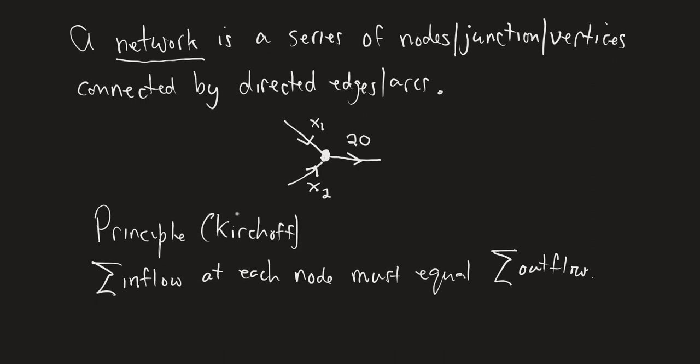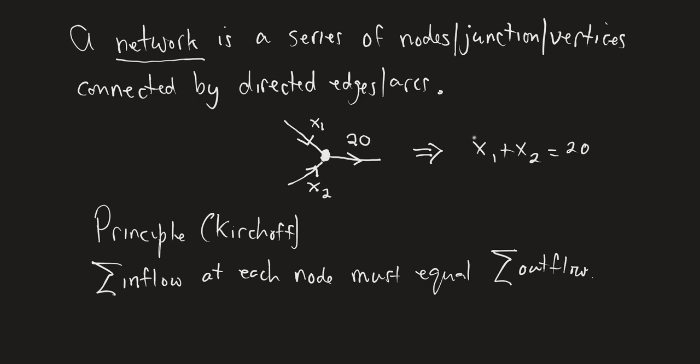So in our little example here, this picture is equivalent to this algebraic equation: x1 plus x2 is equal to 20. The x1 and the x2 are inflows because the arrows are pointing towards the node. So the sum of what's flowing in is x1 plus x2, and there's only one arc pointing away from this node, and it has a value of 20.